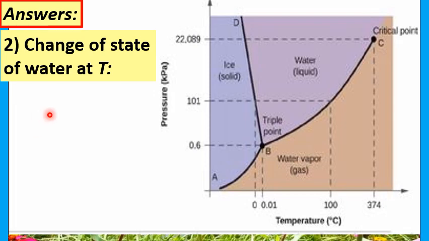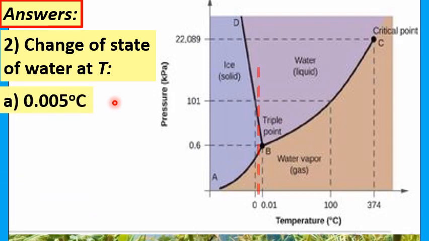So for question number 2, we are asked to identify the change of state of water at specific temperatures, such as for letter A, at a temperature equal to 0.005 degrees Celsius.